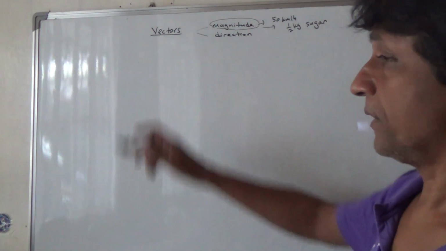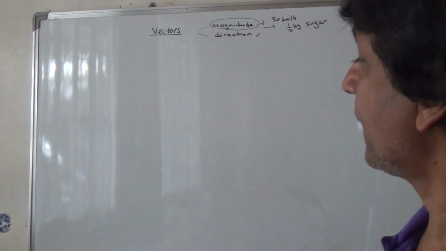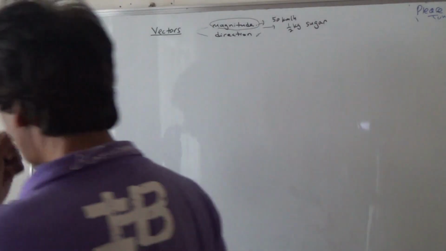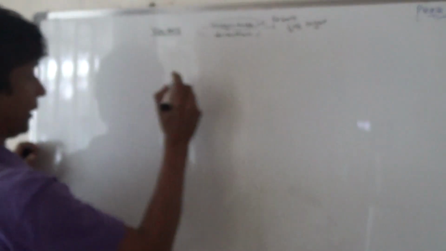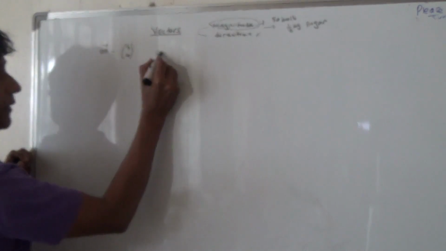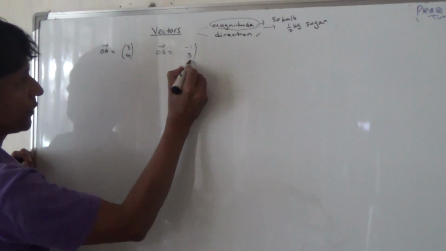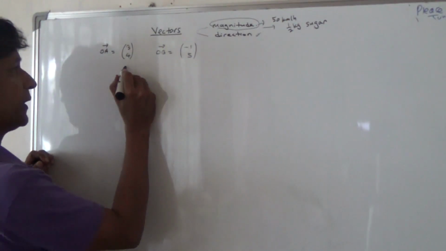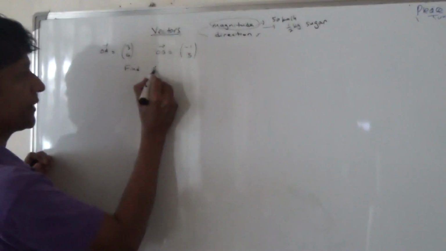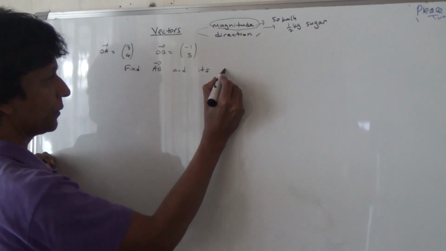Whereas when it comes to vectors, they normally have a direction. They have both a magnitude and a direction. Staying on the magnitude thing, let's say you have vector OA equal to (3, 4), vector OB equal to (-1, 5), and I tell you to find the vector AB and its magnitude.